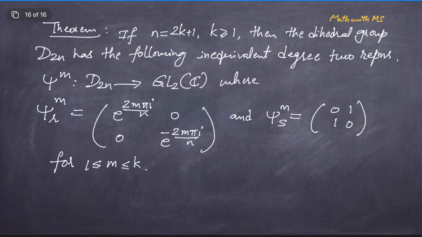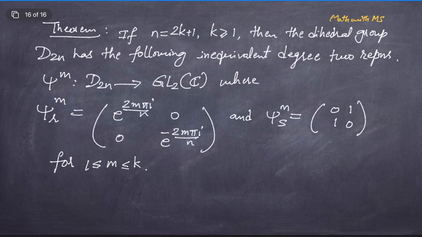The proof of this theorem is similar to the one done for n even, so we will skip it. And notice that once we have shown that all these degree 2 representations are inequivalent and irreducible, and there are k of them, but we already found two inequivalent degree 1 representations of the dihedral group D2n when n is odd.